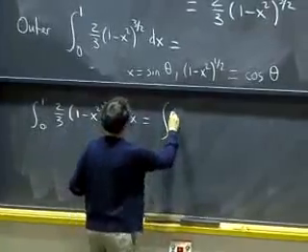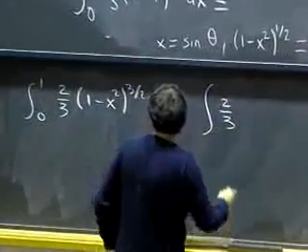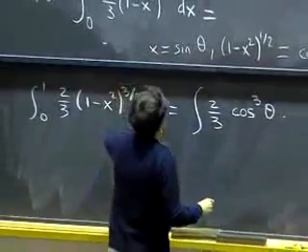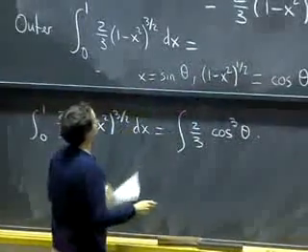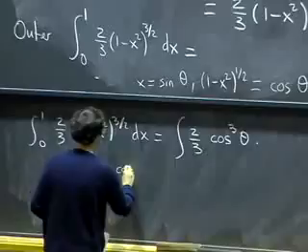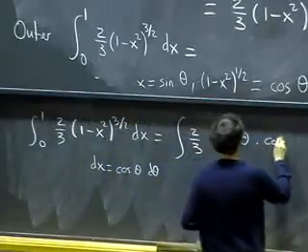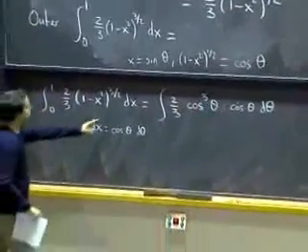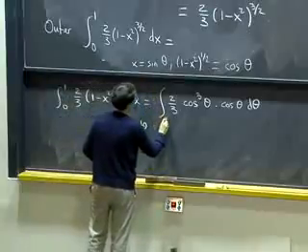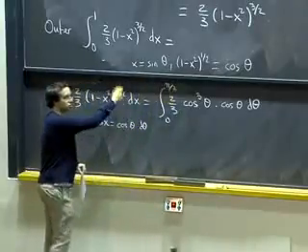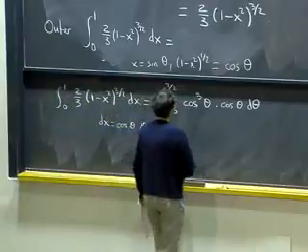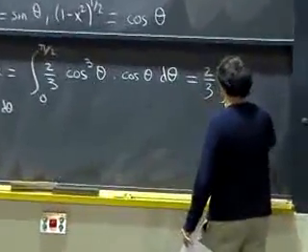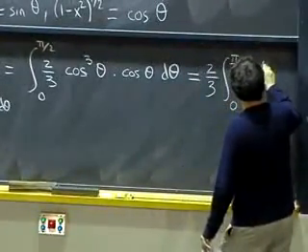So 2/3 remains 2/3. 1 minus x squared to the 3 halves becomes cosine cubed theta. And if x is sine theta, then dx is cosine theta d theta. If you do substitutions the way I do them, then you should worry about the bounds for theta, which will be 0 to pi over 2, or you can also just plug in the bounds at the end. So now you have 2/3 times the integral from 0 to pi over 2 of cosine to the 4 theta d theta.